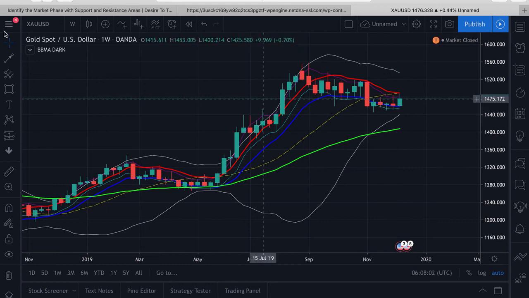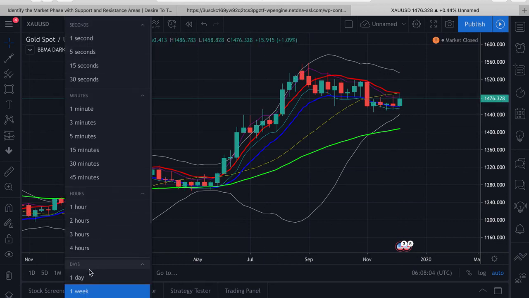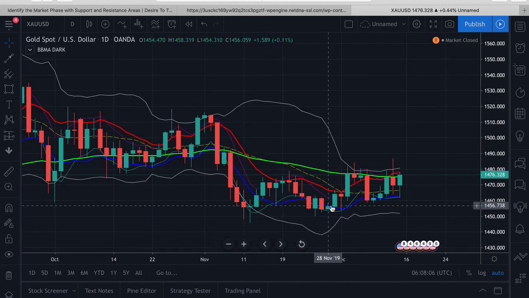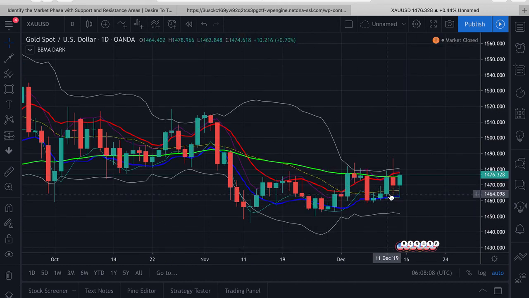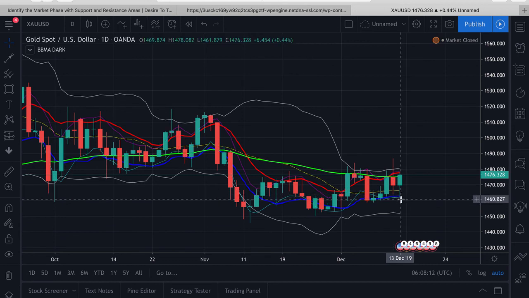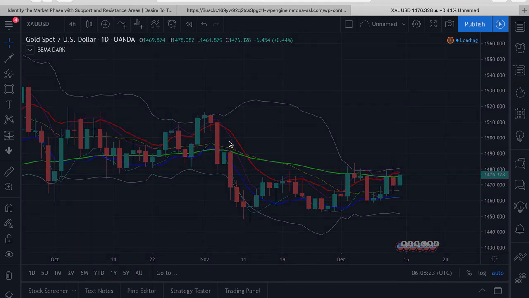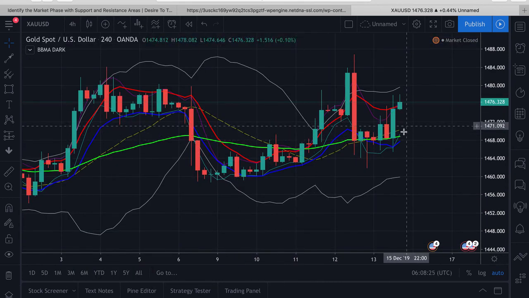So weekly MHV buy, D1 rejected MA 510 low and cheap price is here, so it's a re-entry buy. And H4 is currently in the sell zone up here.